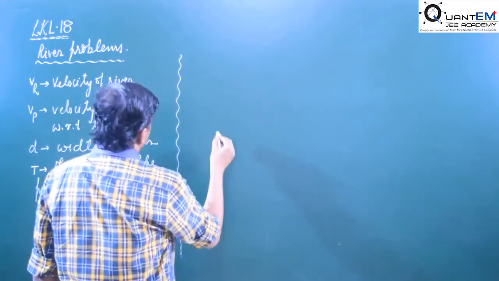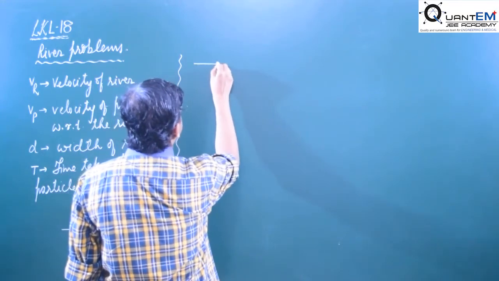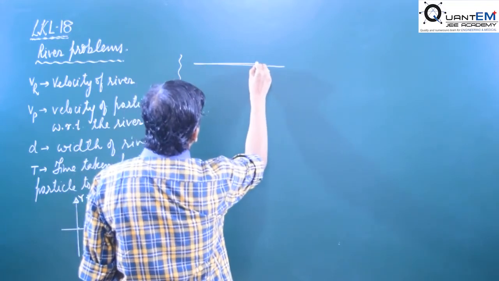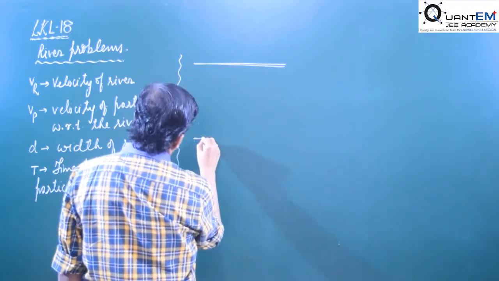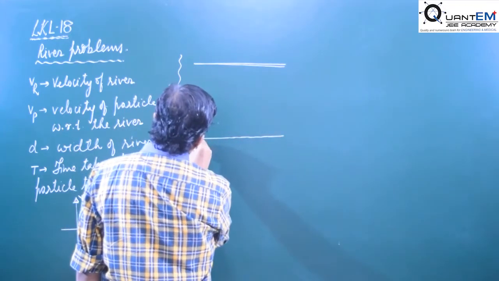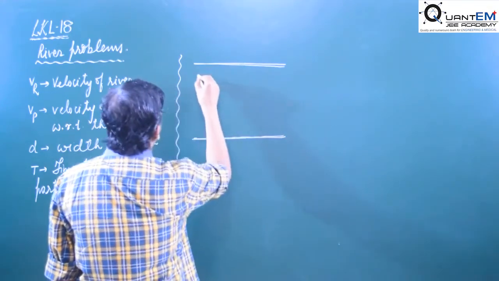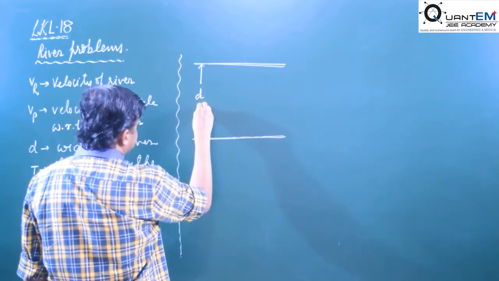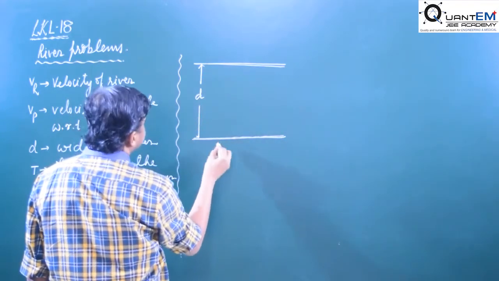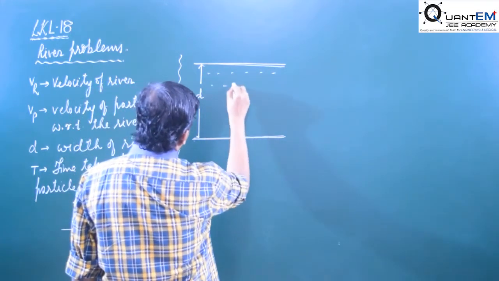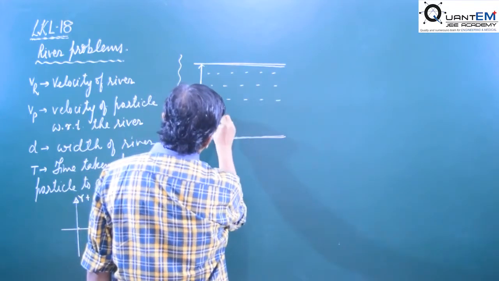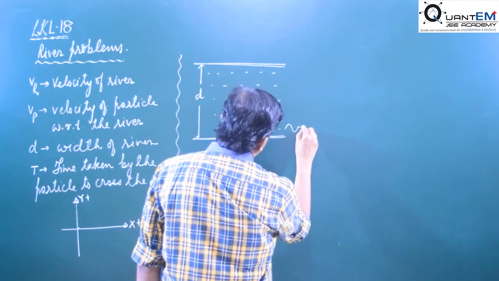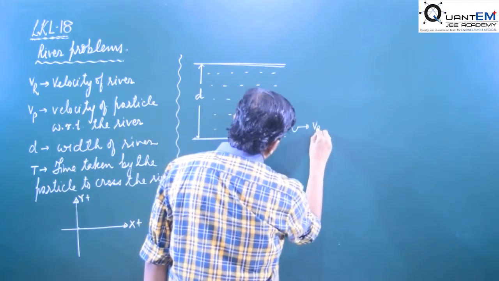See what information we have. Suppose it is river of given width d, velocity of river we have given Vr.